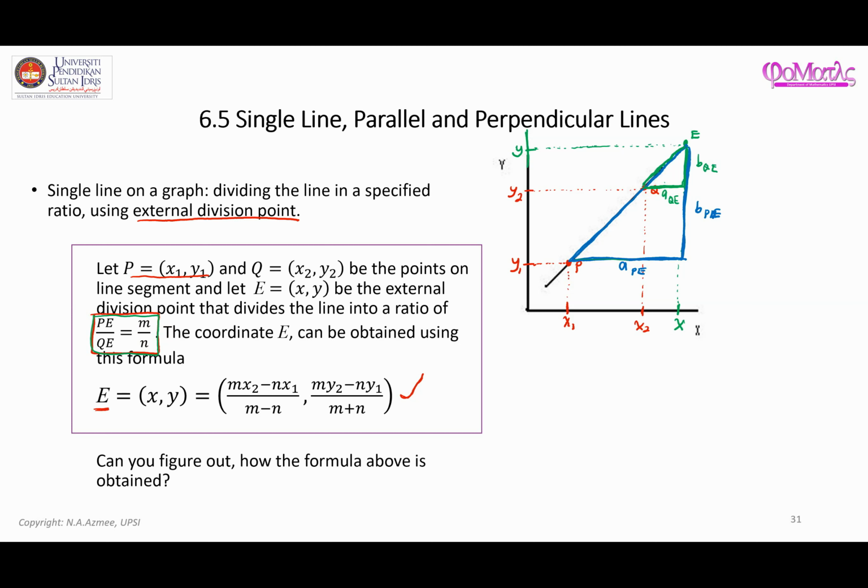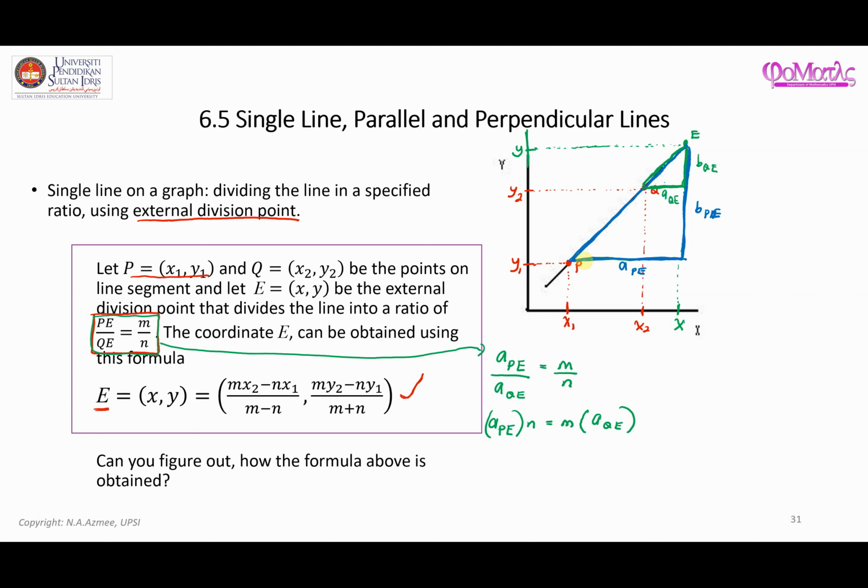Okay, so I'm going to write down here APE over AQE must also be in the same ratio as m over n. Now we can rearrange all this, so it becomes APE times n is equal to m times AQE.